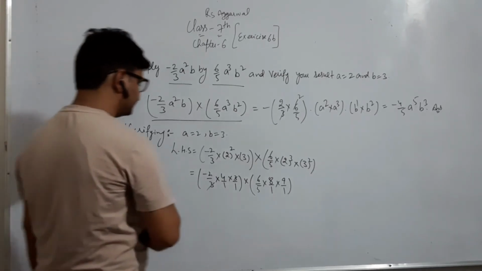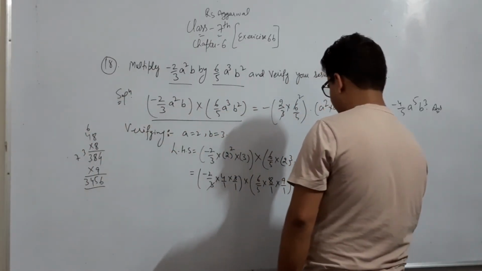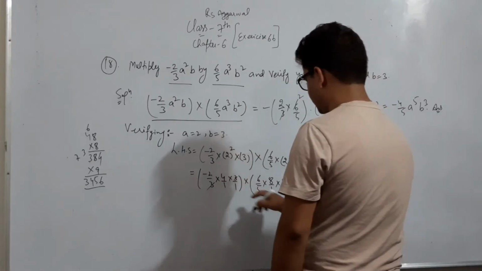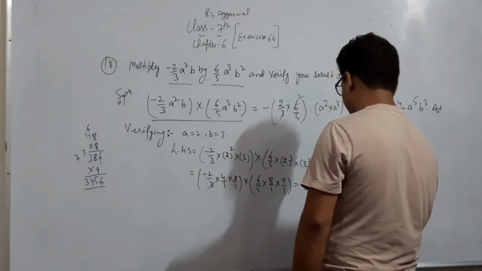So 3456 in numerator. Numerator is 3456, divided with 5 into 5 is 1. So 5 is the denominator. This is the left hand side.